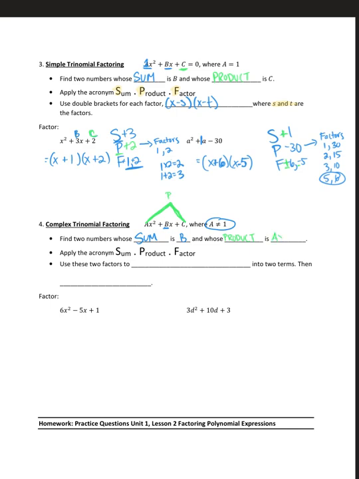So a times c, and we'll put an s above our b. So it has to be the sum of b and the product of a times c. And then we'll set up our SPF and go from there. It says we're going to then use these two factors to decompose the middle term into two terms, then factor by grouping.